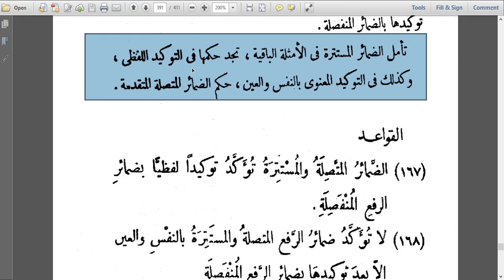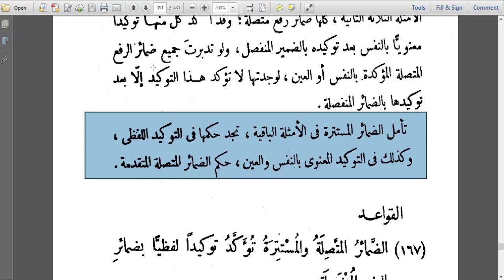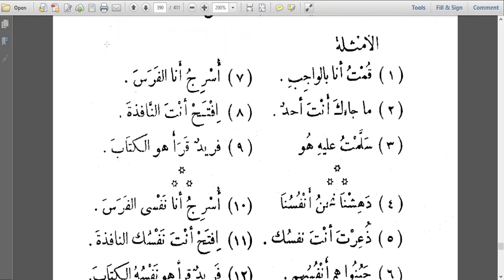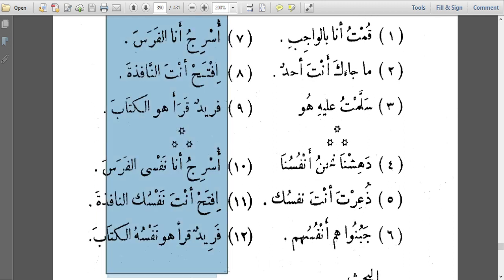It says تجد حكمها في التوكيد اللفظي. You find its ruling in the توكيد اللفظي. وكذلك في التوكيد المعنوي بالنفس والعين حكم الضمائر المتصلة المتقدمة. So the ruling of these ones here is just like the rulings of the ones we have here.